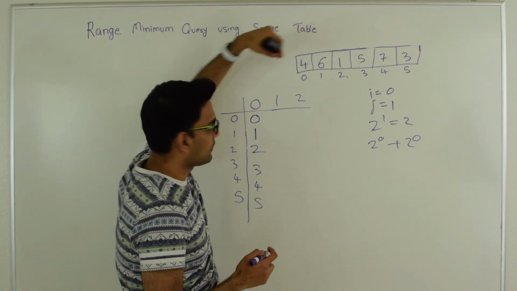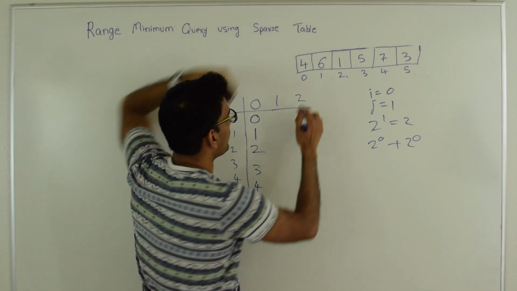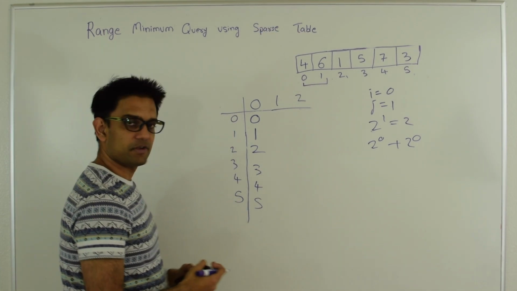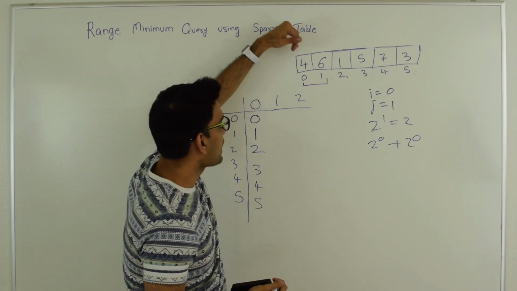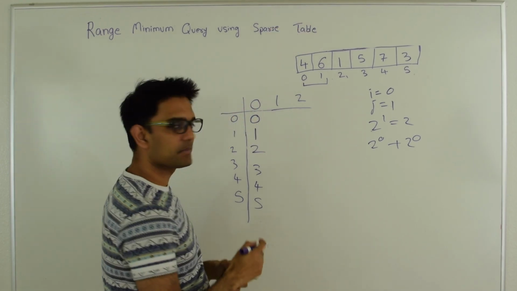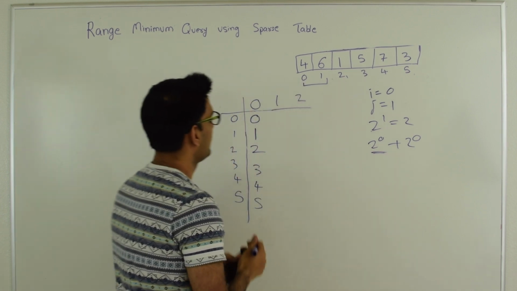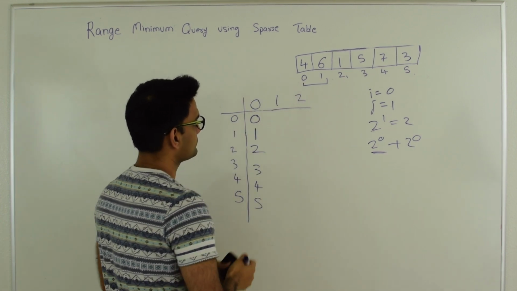So starting at 0, we are looking for the minimum of these 2 guys. What we know is starting at 0, I have already calculated the minimum of next 2 raised to 0 elements, and that value is here.